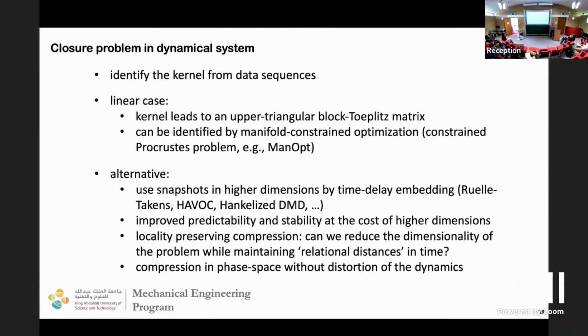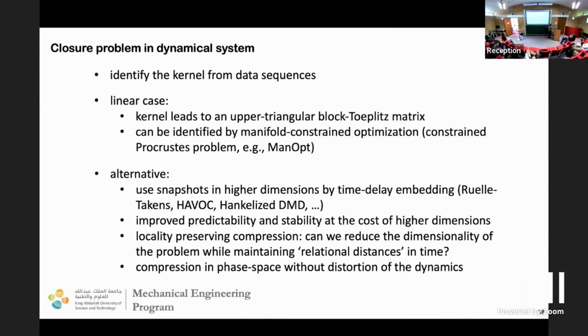This basically traces out the yellow area of the Cortex plot. If you cover a long enough sequence, you actually capture memory effects. This goes into Hankel matrices, embedding, HAVOK, Hankelized DMD, and so on. This improves predictability and stability, but at the cost of a higher dimension. This thing becomes pretty big if you stack it all up.